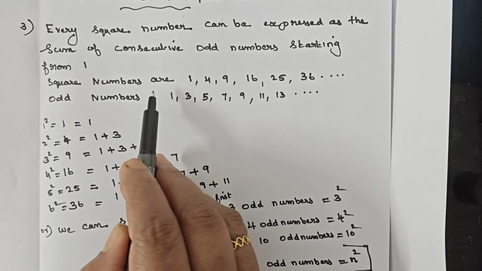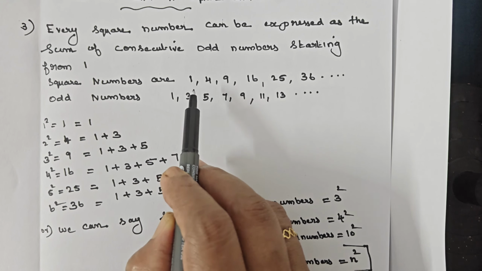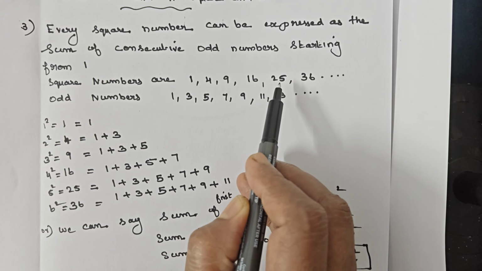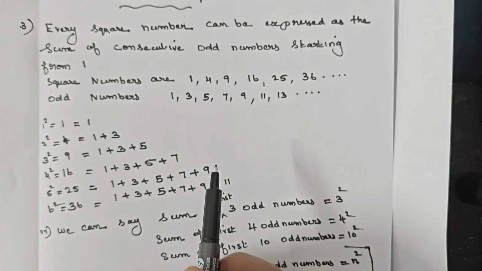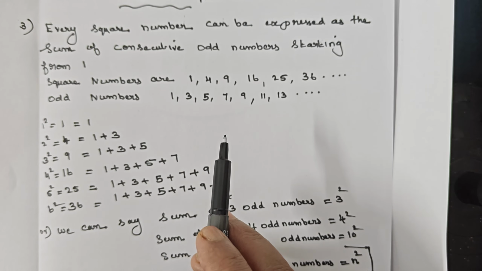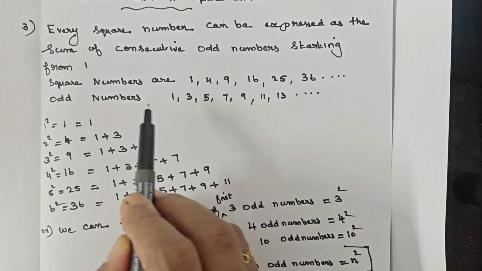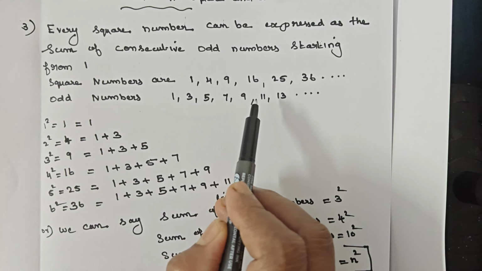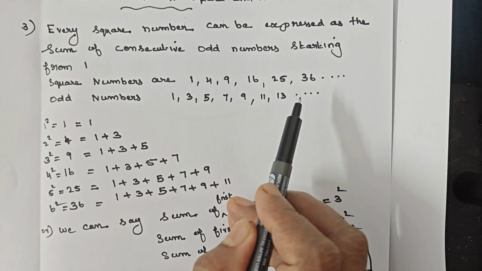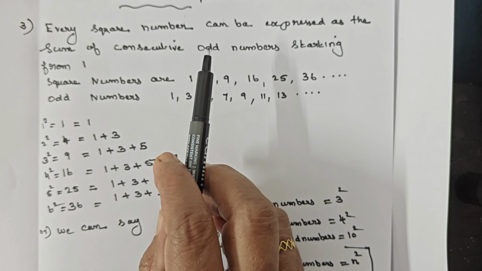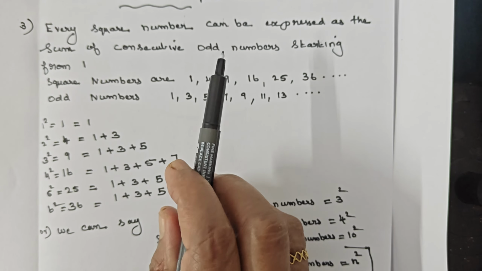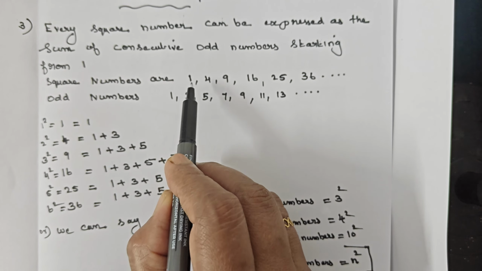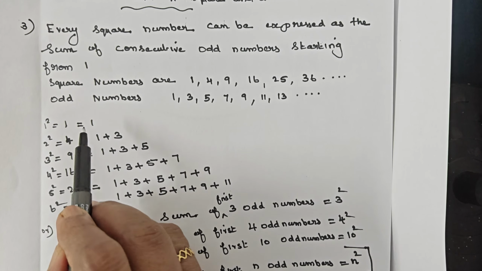Square numbers, I think you are remembering, 1, 4, 9, 16, 25, 36, etc. are square numbers or perfect squares. And odd numbers are, as you know, 1, 3, 5, 7, 9, 11, 13. Here the property says that the first square number is 1, that is equal to 1.